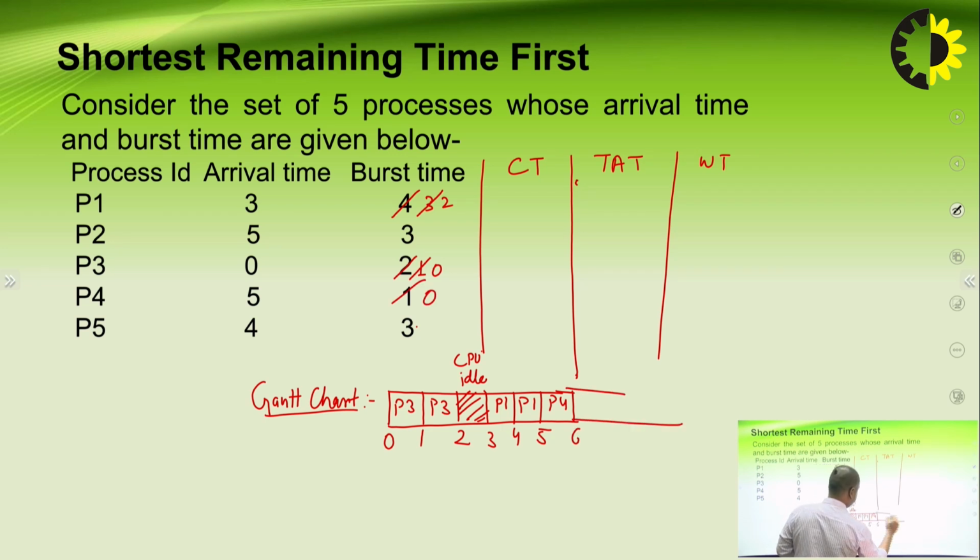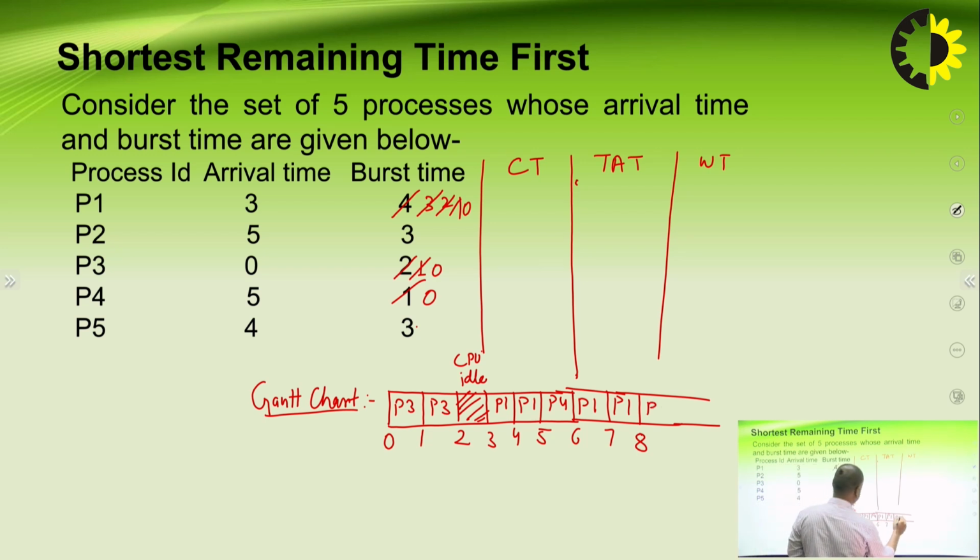Again we are checking this one. So again P1 will run because P1 is lowest, at 7, P1 would be 1. Again we will check 3, 1, 3, 3, then P1 would run at 8. Okay, this would be 0. Now we will check this 2, who is the lowest, then P5 will run.